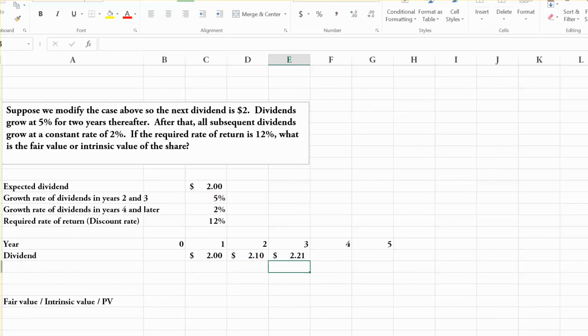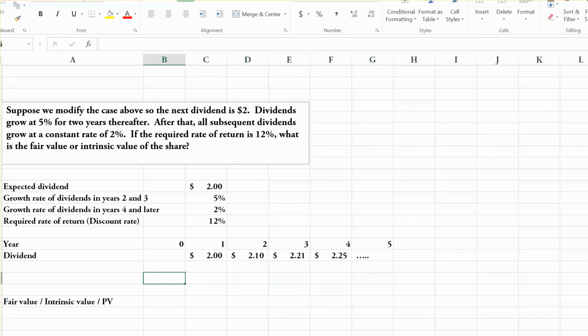But after that, dividends will all grow at 2%, not at 5%. So that's going to be times 1 plus 2%, not 5%. And then this is going to grow at 2% and so on. From this point on, they're all growing at 2% in year 5, in year 6, and so on.